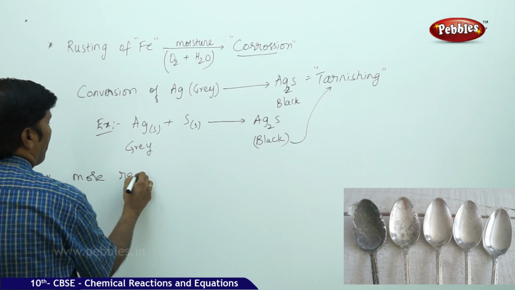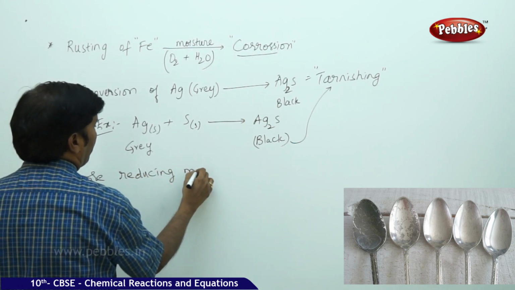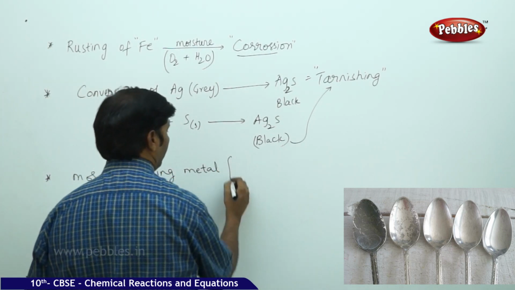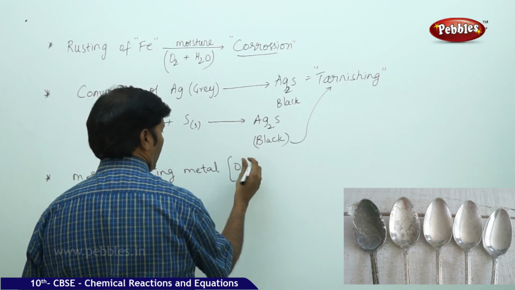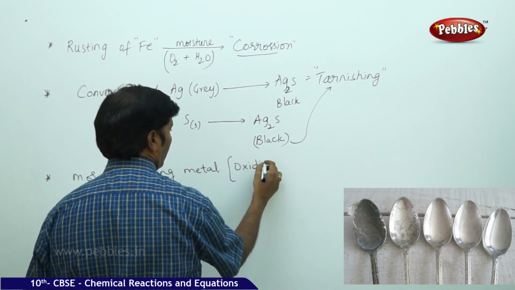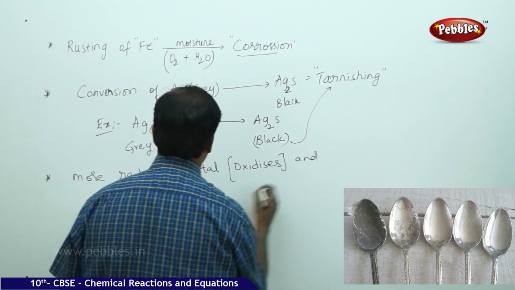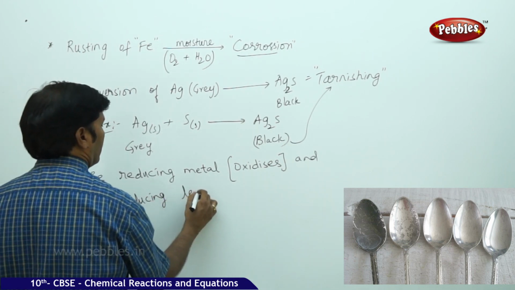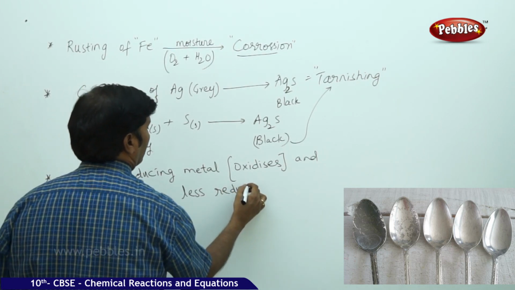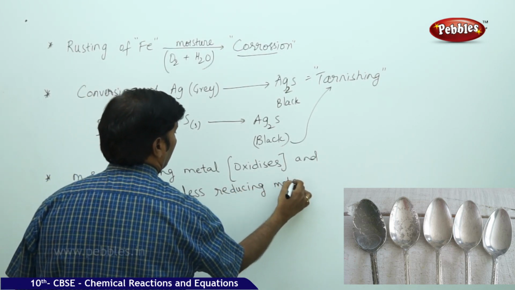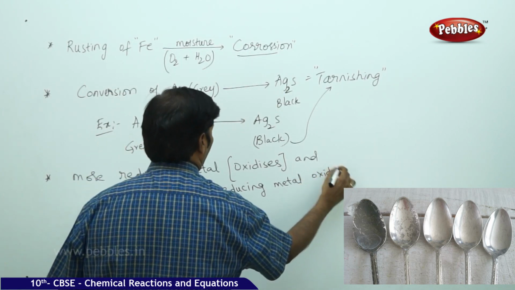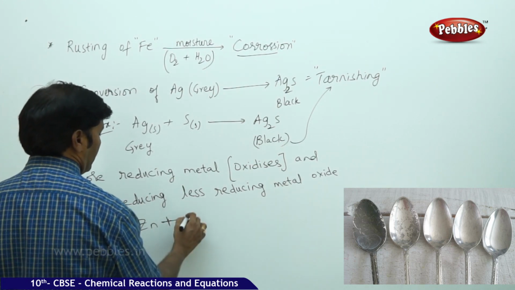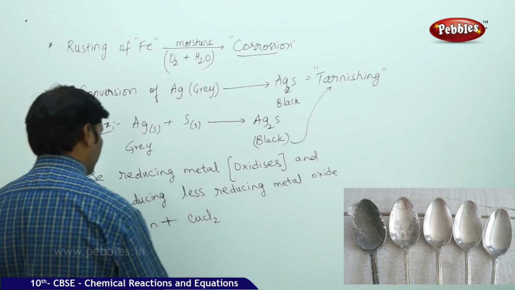Also, more reducing metal oxidizes and reduces metal oxide. Example, zinc plus cupric chloride.